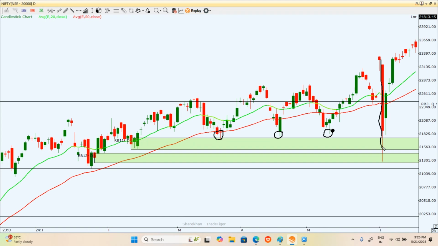Then the upper area was breached and price reacted from the lower demand zone. Although this has also been tested, this is the origin of this entire price up move. Price came here, and then an up move started from this place. So origin can never be ignored, origin must always be considered, and price reacted from this area only.